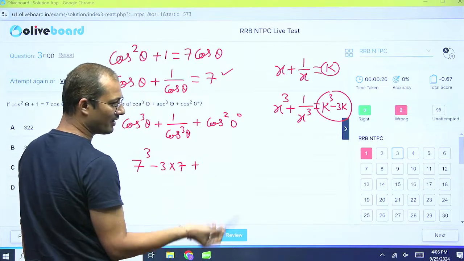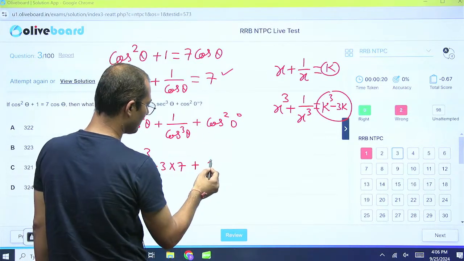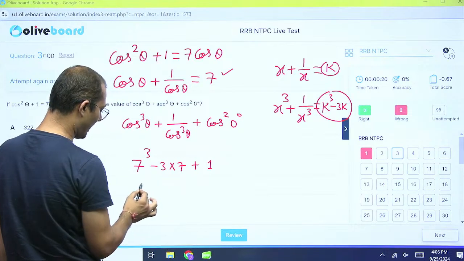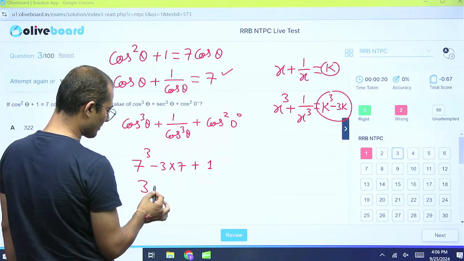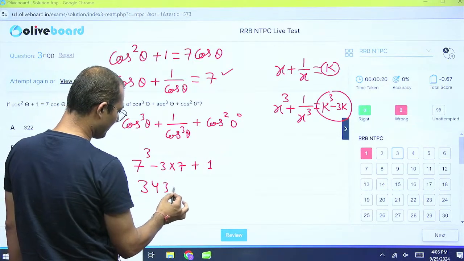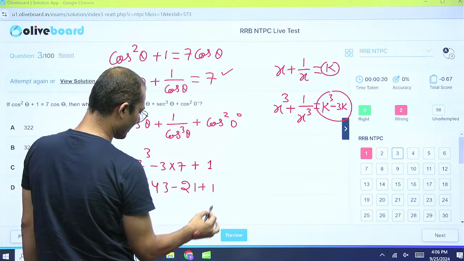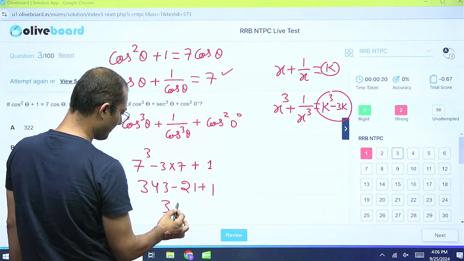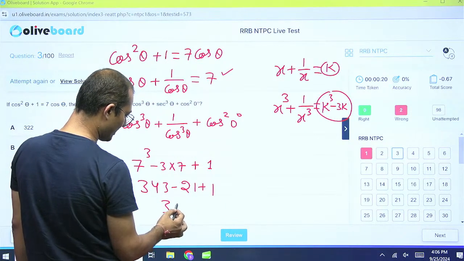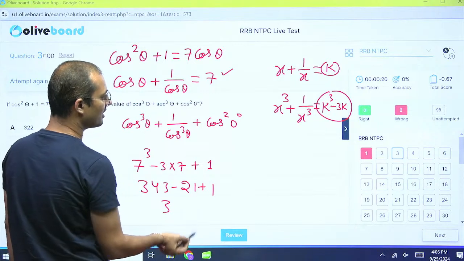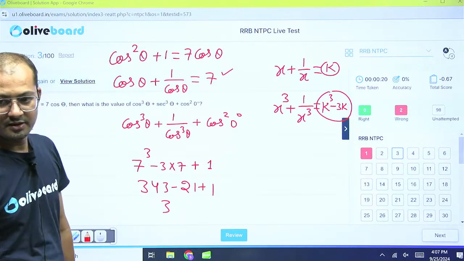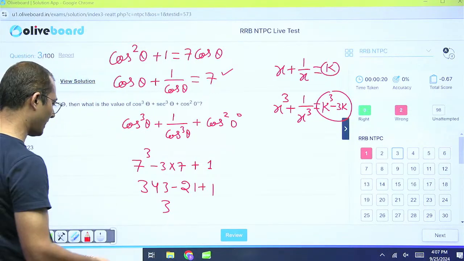Plus, we know very well cos 0 is equal to 1, and the square of 1 will be 1. So the answer will be 343 minus 21 plus 1, which is equal to 323. So 323 would be the right answer.